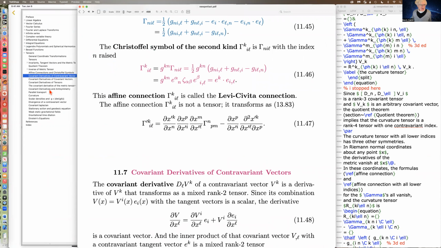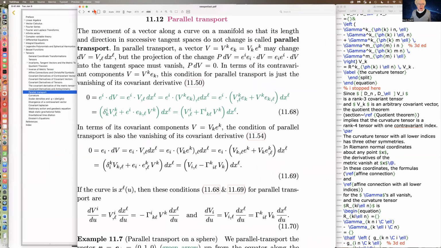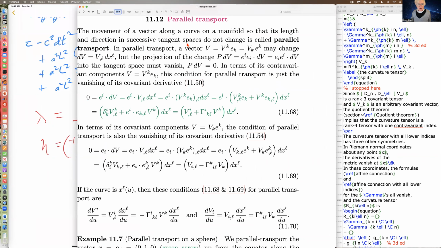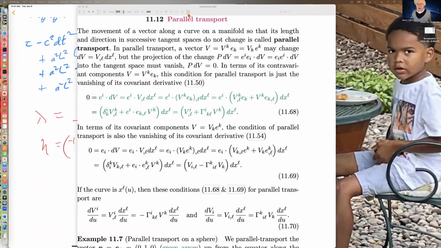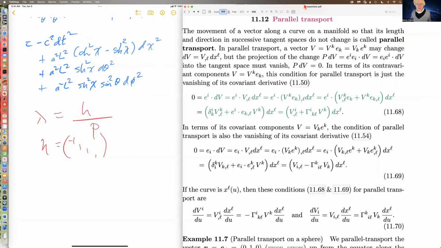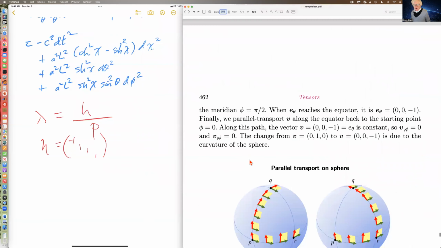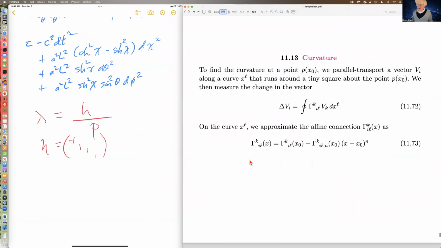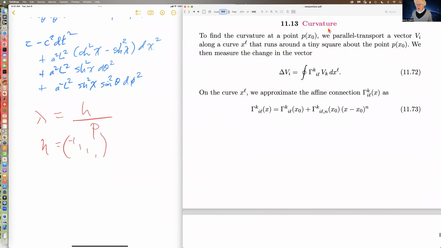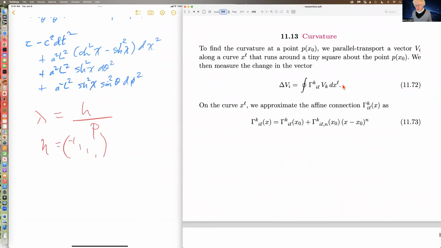What I think I might do next is just go back to what we were talking about last time. Here, let me move this out of the way. We were talking about parallel transport, and I think we went through this enough so as not to do it again. The curvature then, we went through this yesterday.